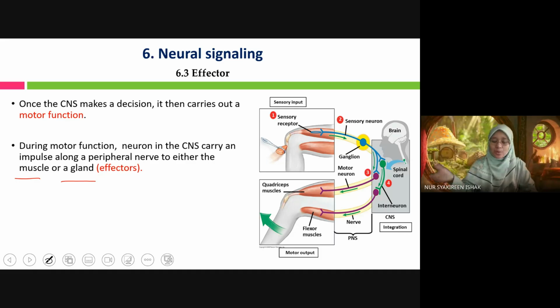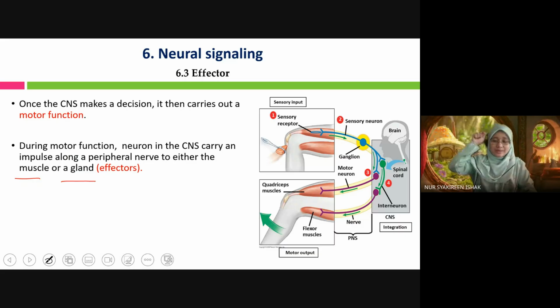gland to secrete hormones. Okay, so let's say, for example, connected to your brain, there's the hypothalamus. So the hypothalamus consists of neuron cells. The neuron cells in the hypothalamus function to produce and secrete hormones such as oxytocin.